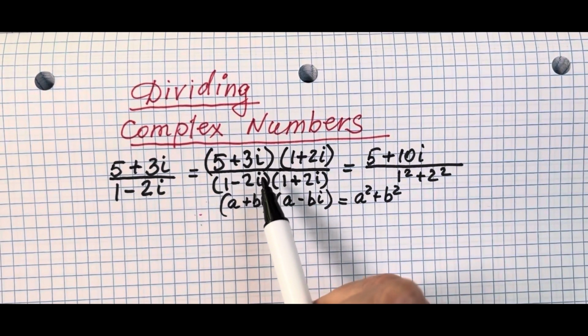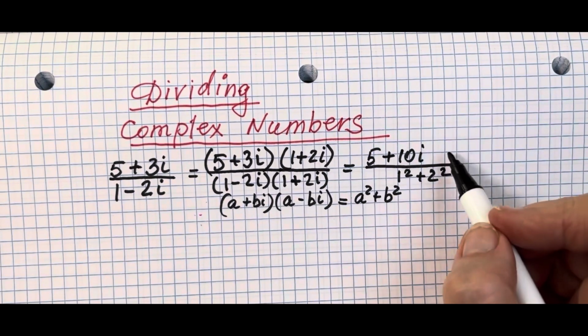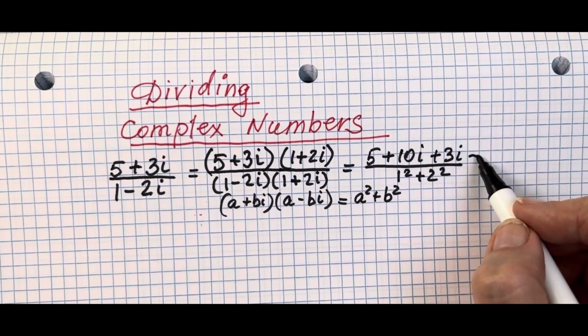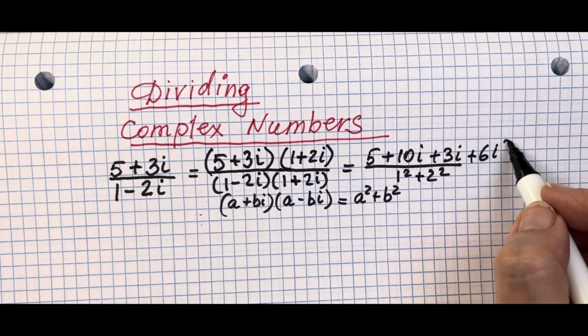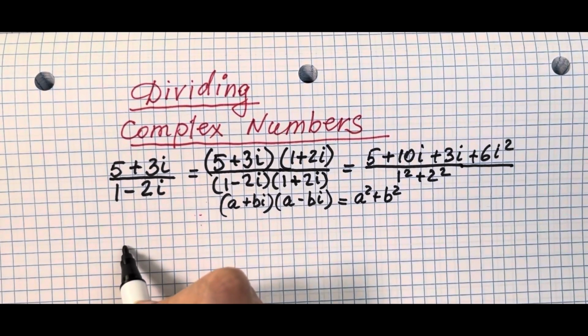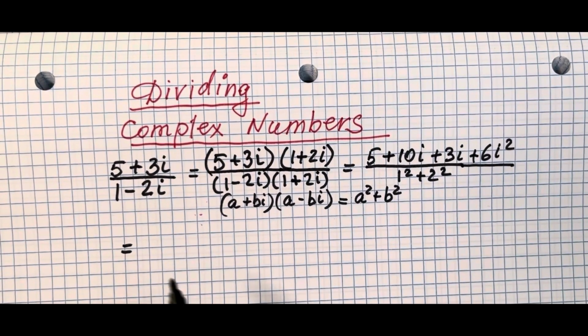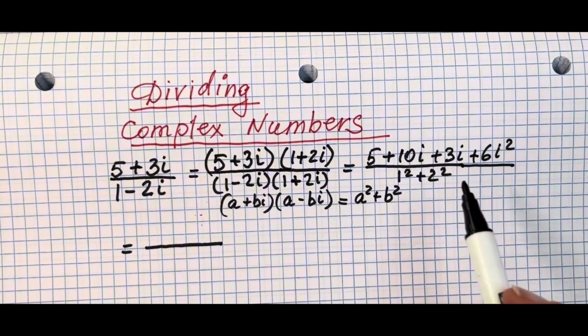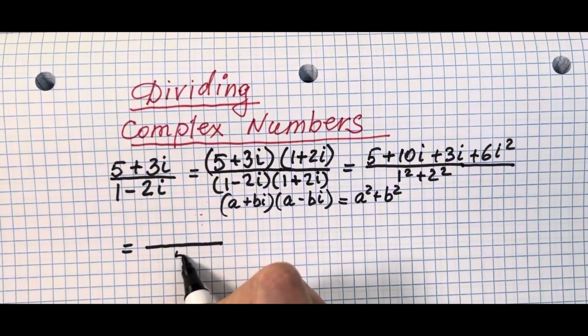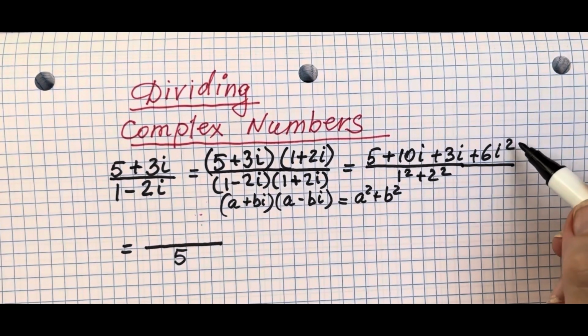Now we have 3i plus 6i squared, correct? Continue working. On the bottom, we already have a number which gives us 5, right? And here we're going to work it out.